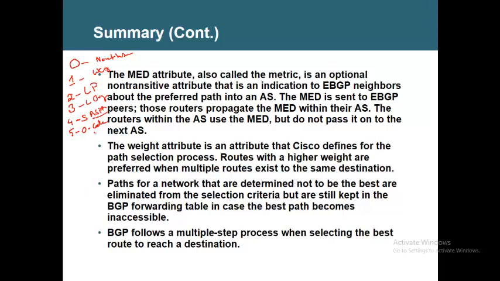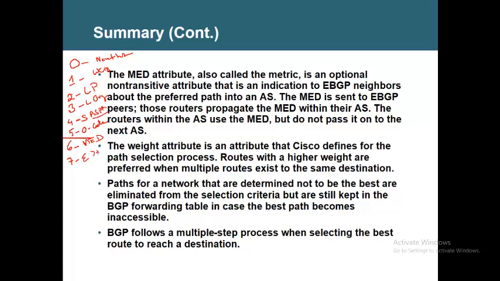Only when there is a tie in the origin code, it comes to MED, but MED is only applicable if you have dual homing. And if there is no MED applicable, then it will check whether one of the neighbors is EBGP. EBGP is preferred over IBGP.